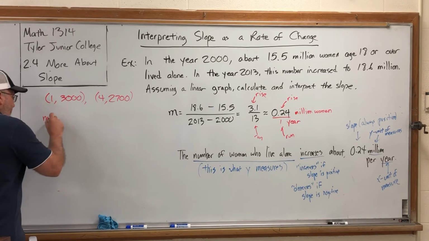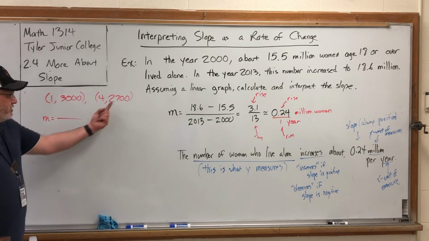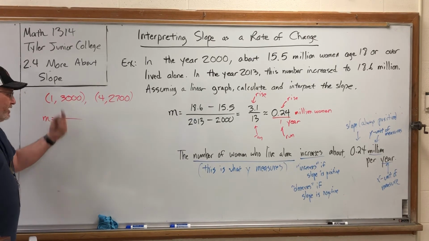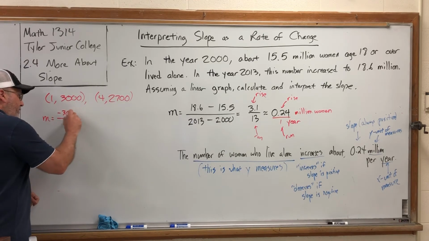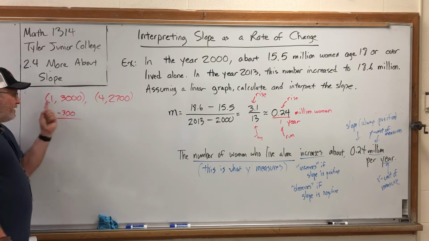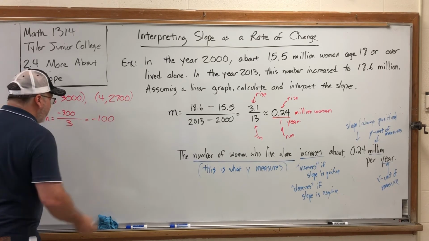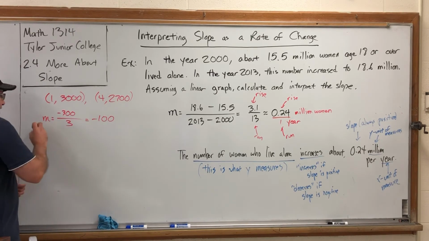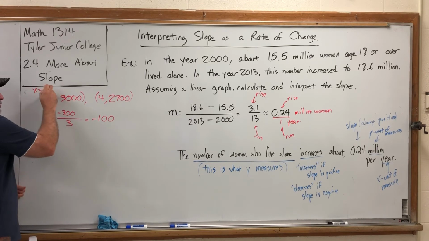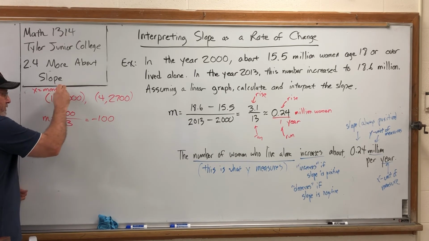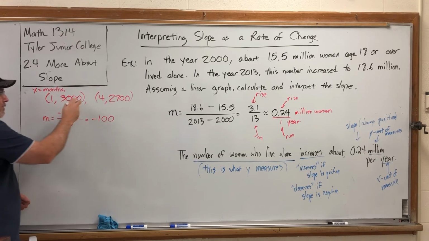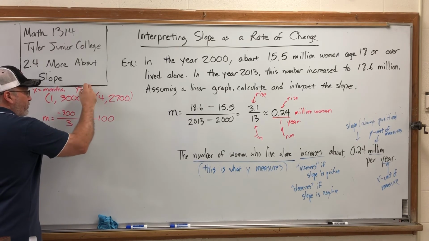If we calculated the slope, the second y minus the first y is negative 300. The second x minus the first x is 3. Negative 300 divided by 3 is negative 100. Keep in mind that the x is measuring months, or you could say years, but that would be a pretty sorry yearly salary. And y equals monthly salary.